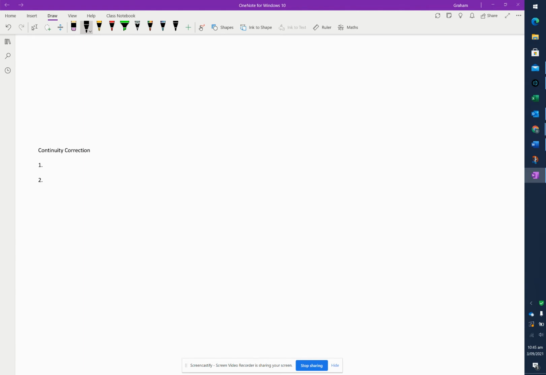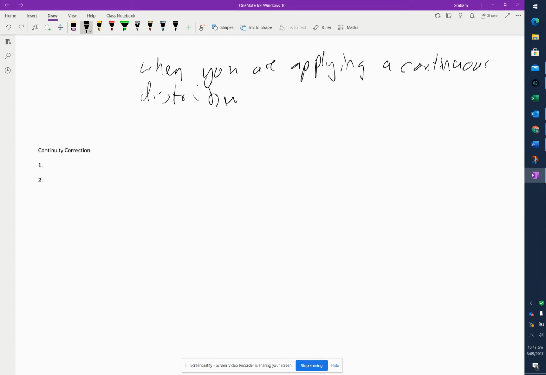A continuity correction is when you are applying a continuous distribution to a discrete case.